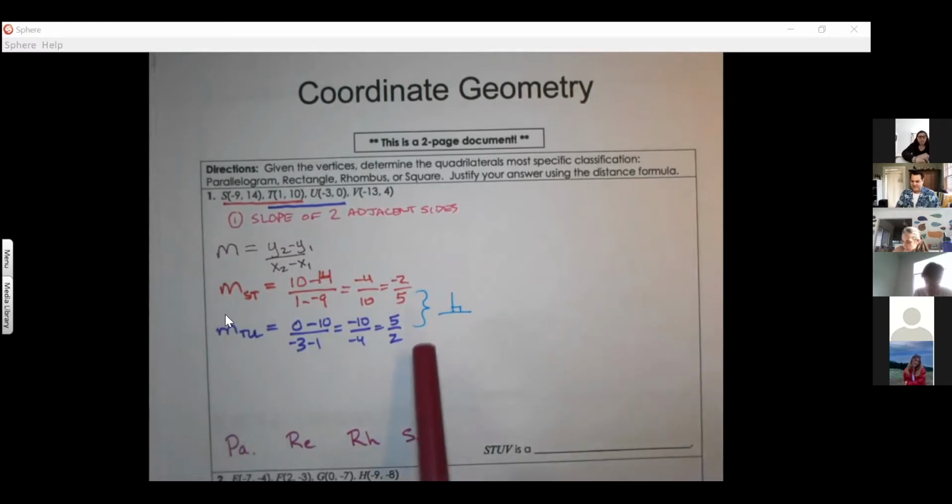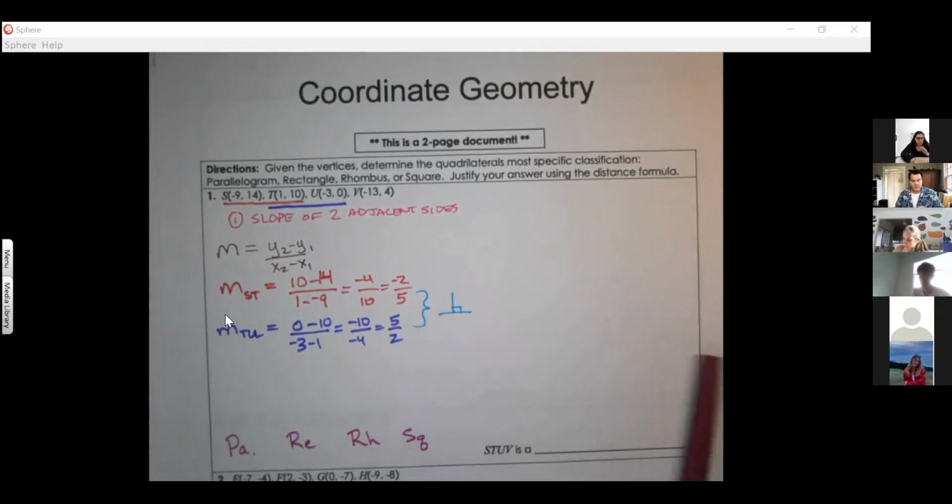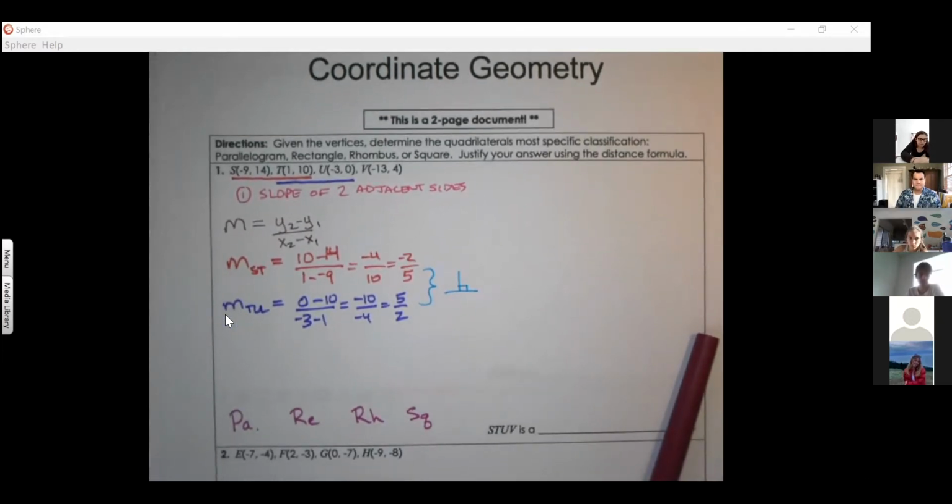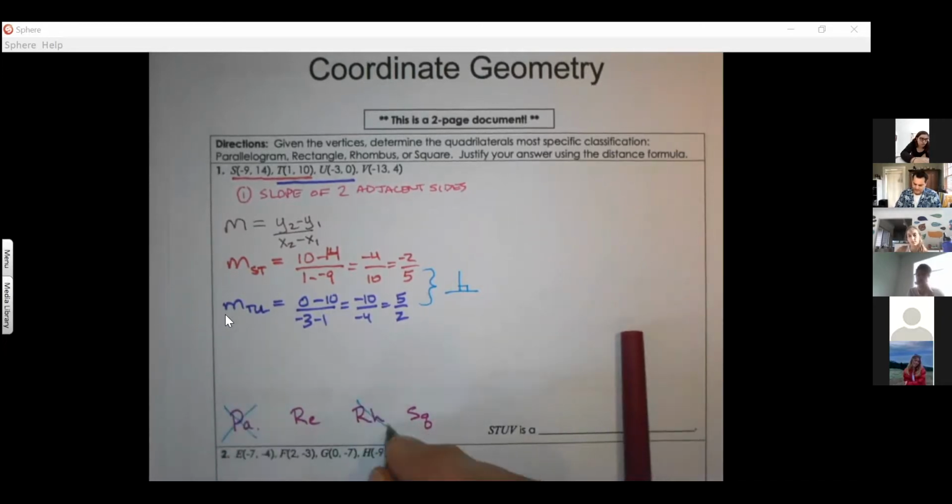But the fact that we just discovered that these are perpendicular, which of these shapes can I cross out now? The parallelogram and the rhombus. Exactly. Those shapes don't have to have right angles. This does have a right angle, so the best name would be either rectangle or square. How can we distinguish between those two?